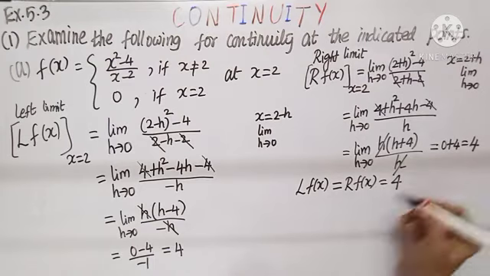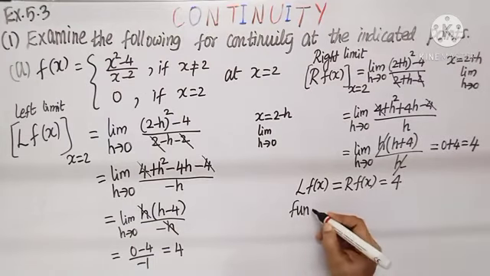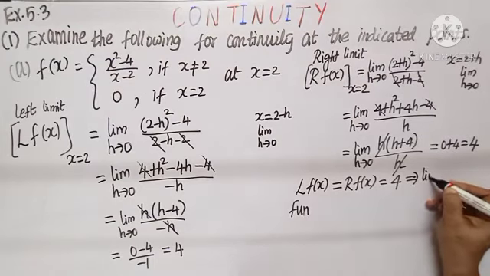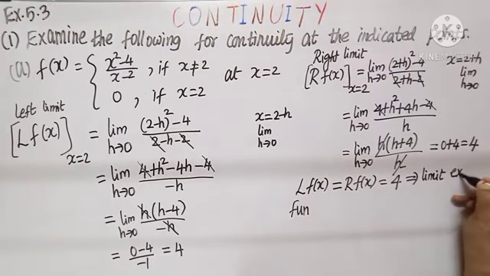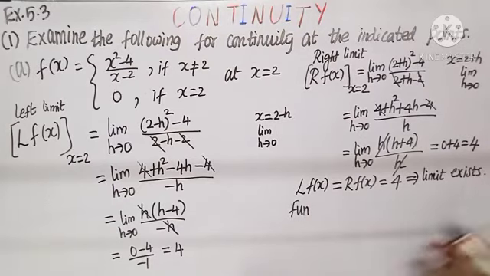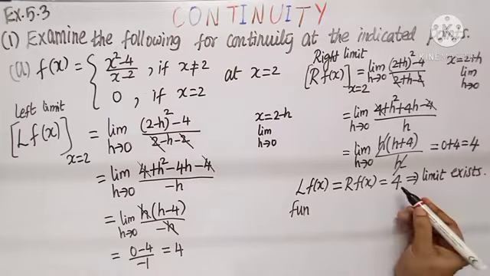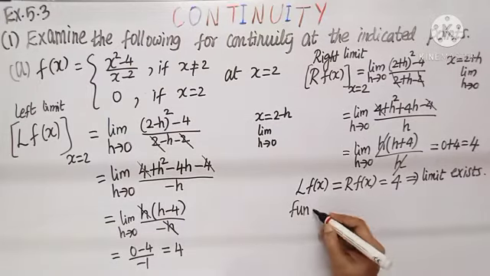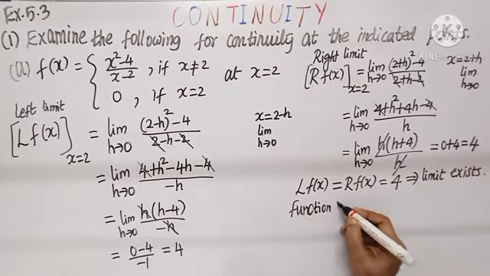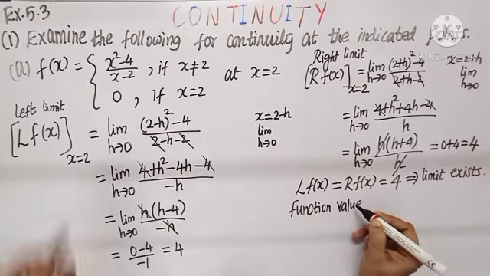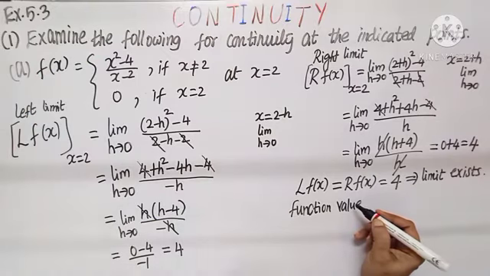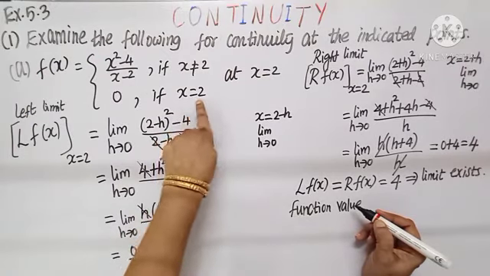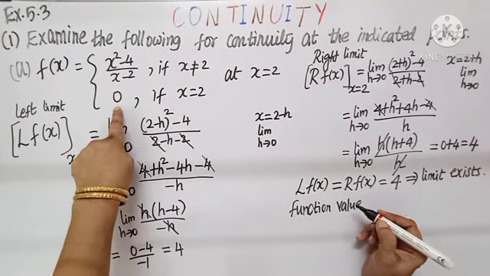The next idea, function value. So this implies the limit exists. Whenever left and right limits are equal, we say that the limit exists. Function value: wherever x is coming, put 2. If x is equal to 2, what is mentioned here? 0.